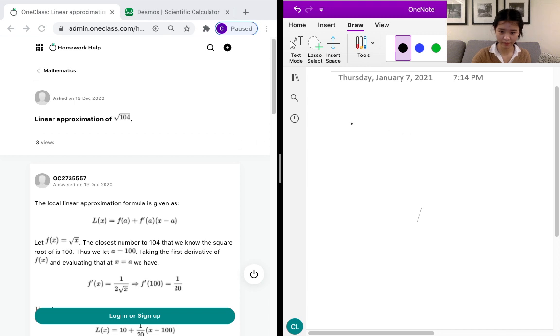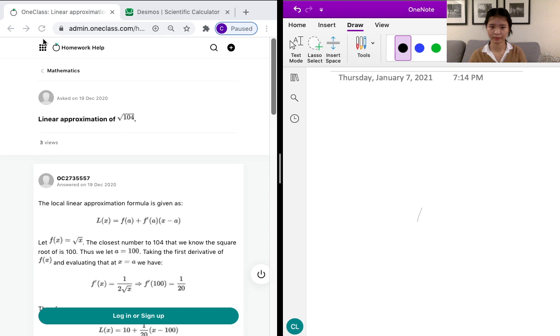Okay. I'll try to reconnect it. Does it work now? No, it doesn't. Well, I guess I can try to write it on my keyboard like this. Okay, so let's try to do it this way.